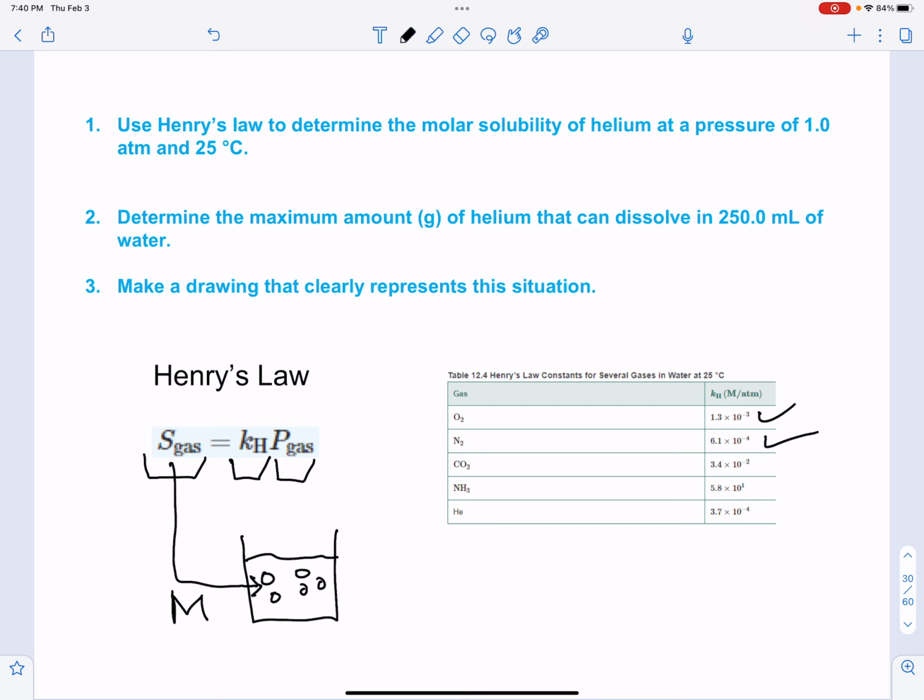Some of them are going to escape and put pressure in there. Once an equilibrium is established between the amount of gas molecules in the solution and the amount in the gas phase, we're going to be able to measure the vapor pressure. But this vapor pressure only deals with the gas, not the whole solution, so it's a partial pressure.